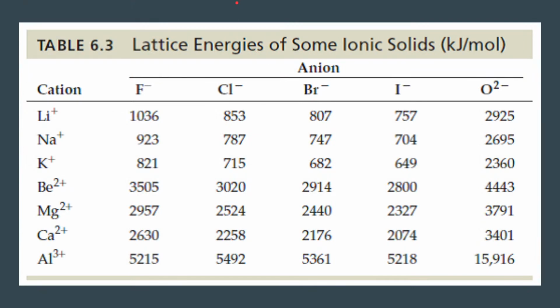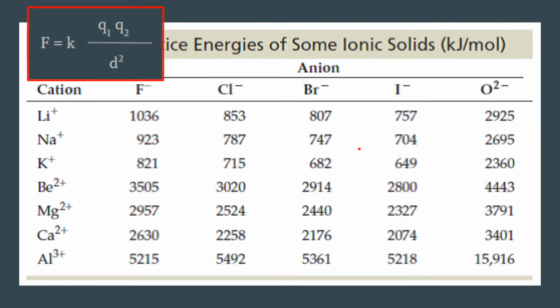So here we have lattice energies of some ionic solids. You combine the cation in the vertical column with the anion in the horizontal column. Now, in order to understand the trends here, you have to remember the math for the attraction between ions.